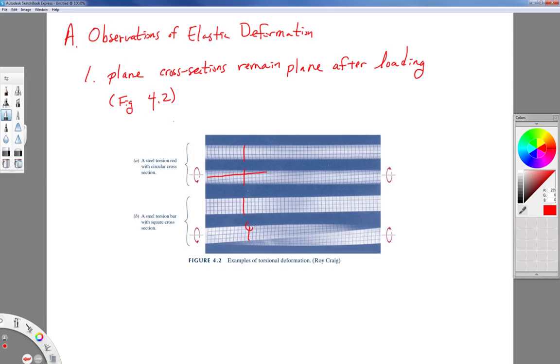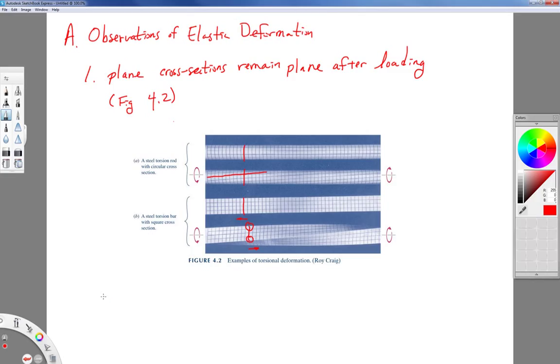But right here and right here at the corners, it kind of goes a little bit to the left on the top and a little bit to the right on the bottom of this corner. That's out of plane warping, and that kind of makes the situation a little bit more difficult to analyze. So we're going to leave that for other classes. In AEM 250, we're only going to study torsion of circular cross-section bars.